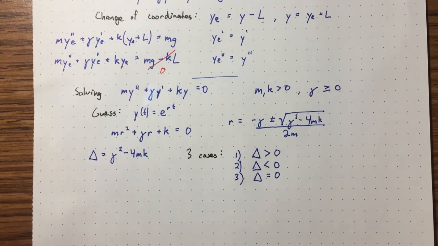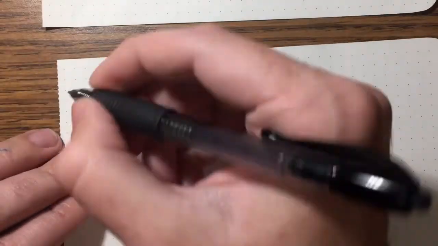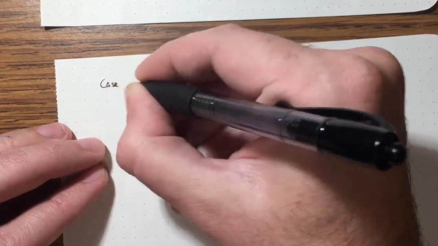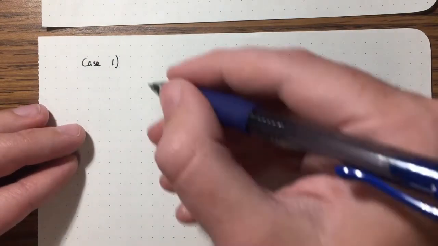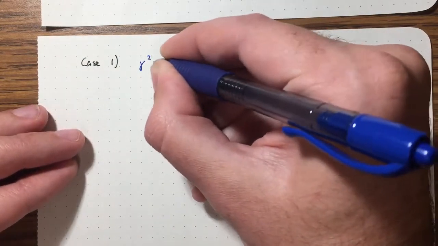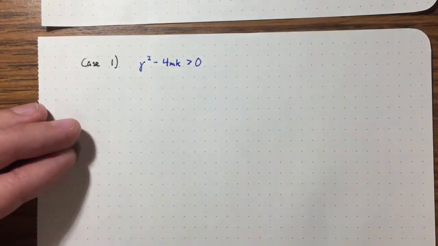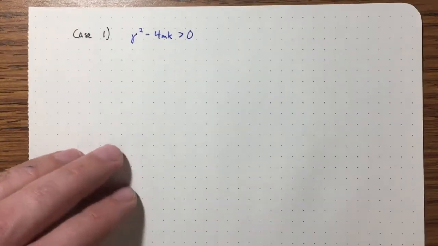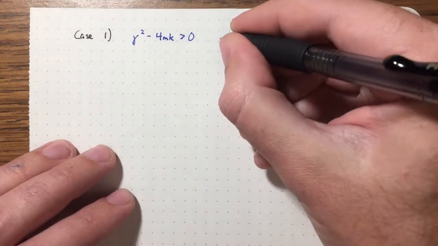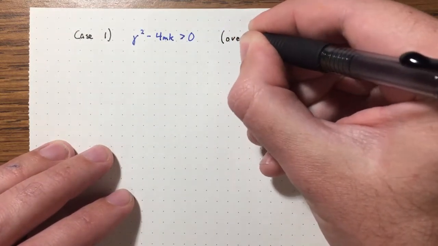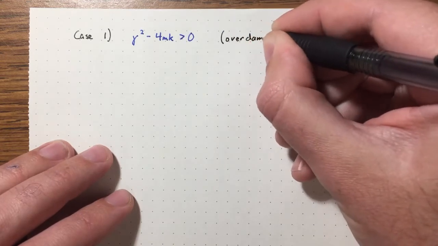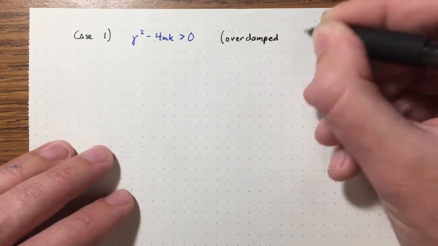Let's go ahead and go to a new page. Case 1, we're going to have our discriminant be positive. Gamma squared minus 4mk positive. And this has a name, it's called the overdamped case, or overdamped motion.